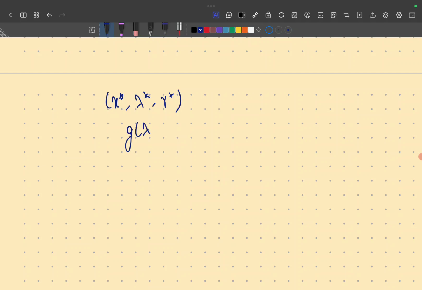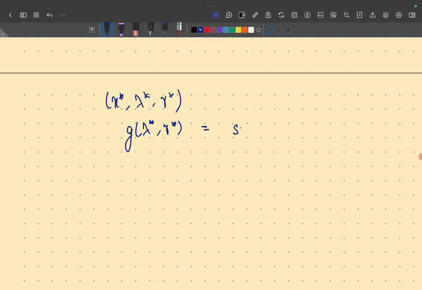So G of lambda star, mu star is equal to the infimum overall. Let me write it in the following way.